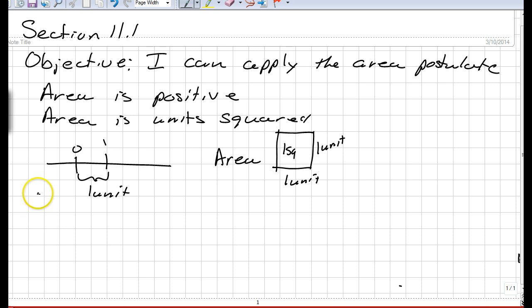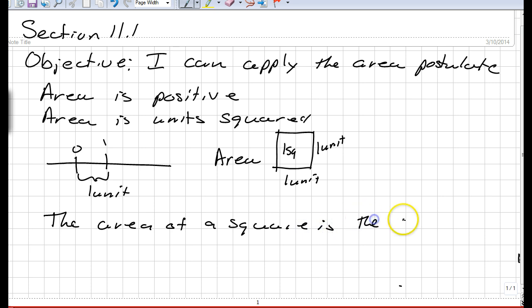figures. So remember that the area of a square is the square of the length of a side.